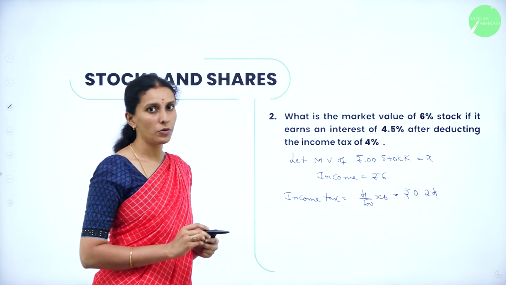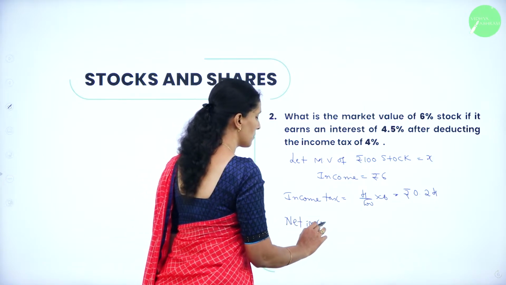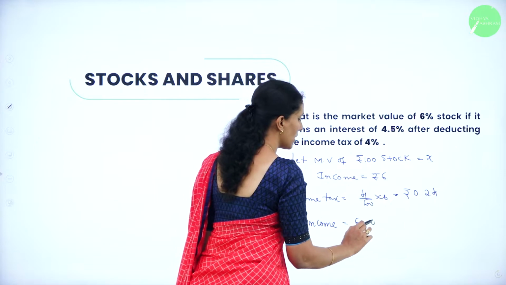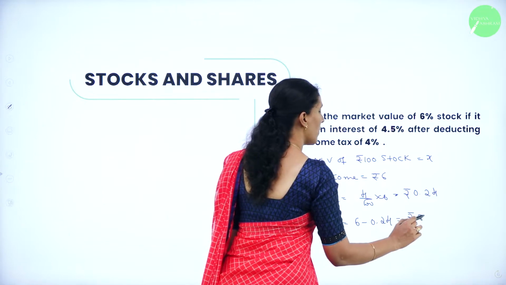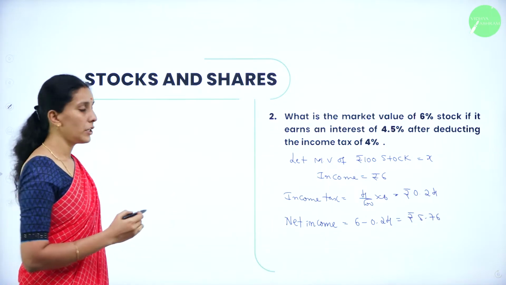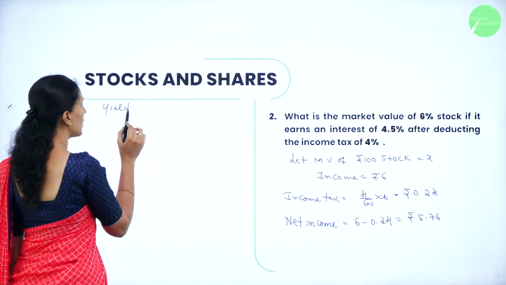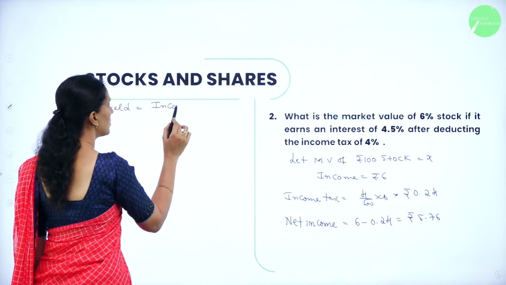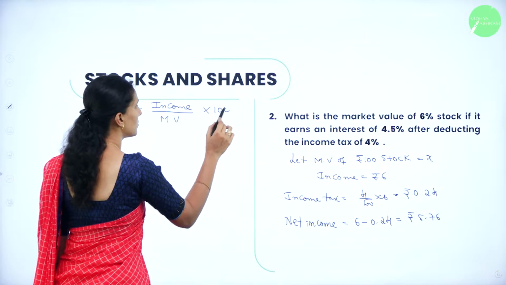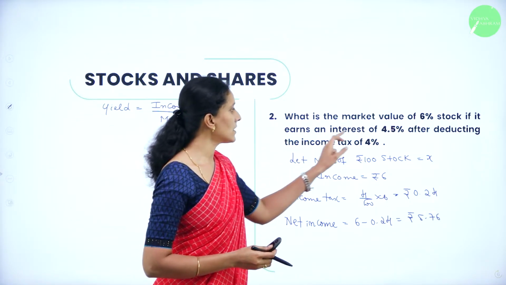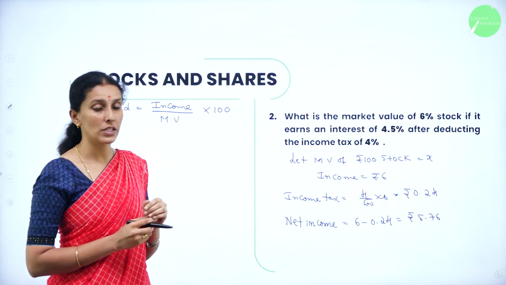Now the remaining amount we need to calculate. So therefore net income is equal to 6 minus 0.24. That is equal to rupees 5.76. Now we need to calculate yield after tax deduction. Therefore we have a formula that is yield is equal to income divided by market value into 100. So they have given he earns an interest of 4.5%. So that is the interest on the market value, which is nothing but the yield.